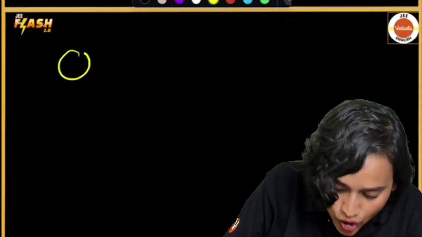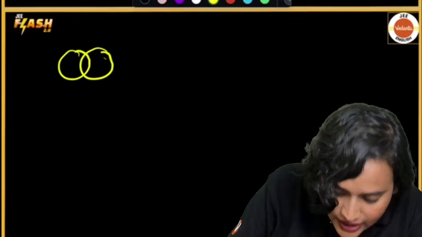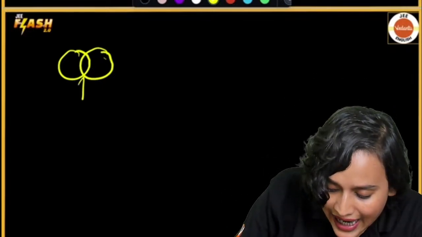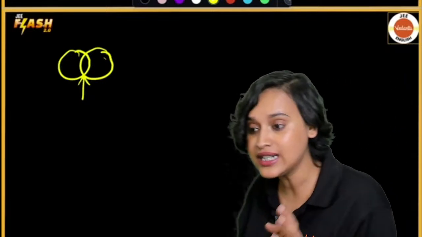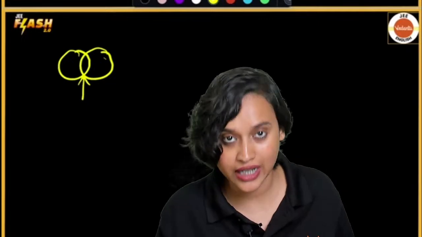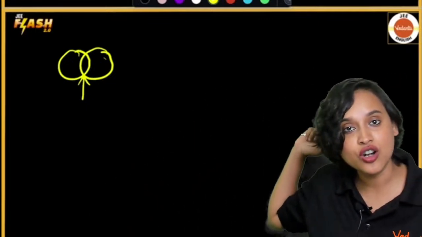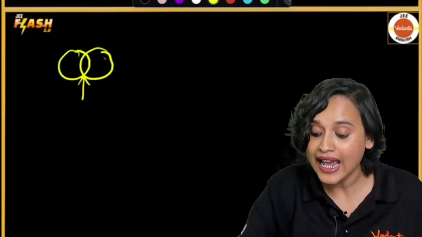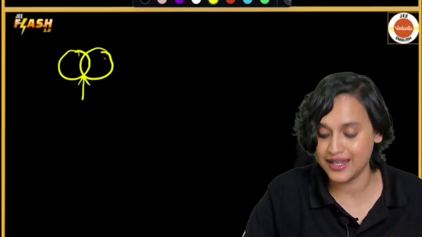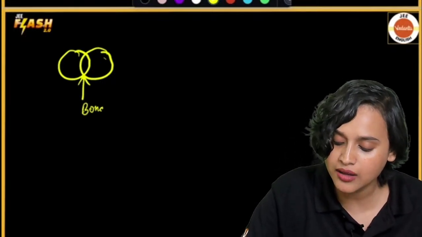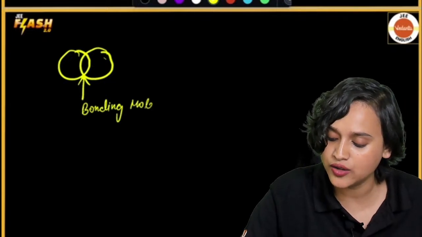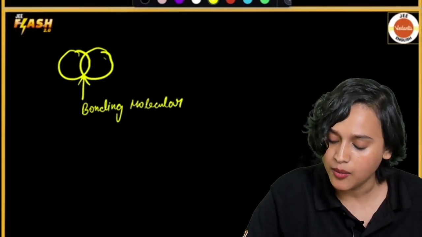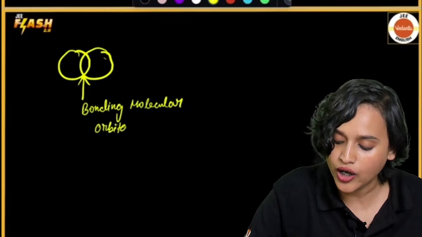If this is an atomic orbital and this is another atomic orbital, right at this place I am expecting to find more electrons. So here my electron density is going to be high, and this particular place is called a bonding molecular orbital.